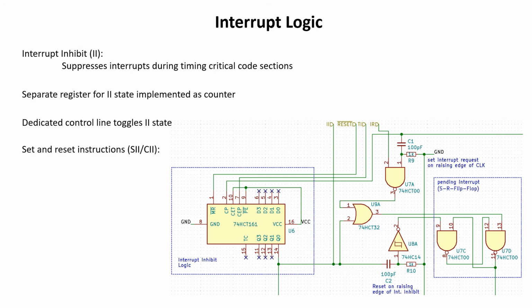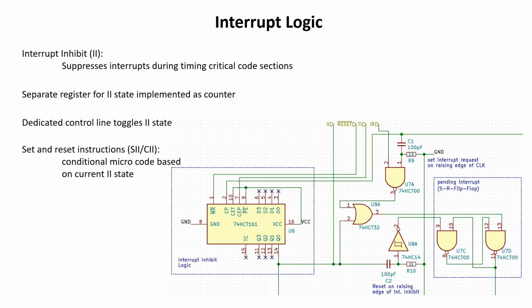And to explicitly set or reset the state, so to say to have a set interrupt inhibit or clear interrupt inhibit, those two instructions, set interrupt inhibit and clear interrupt inhibit, are made as conditional microcode statements, like a jump statement that is dependent on the state of a flag.